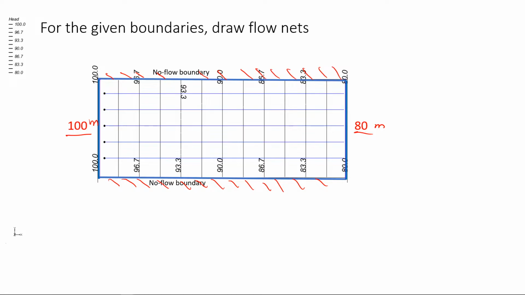Since this is drawn to scale, as you've seen in the previous video, you can know the head at each of these points, because I know the head here and I know the head here, and then I know how many drops I have: 1, 2, 3, 4, 5, 6, 7, 8, 9, 10, 11, 12.